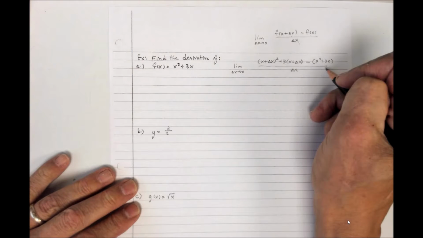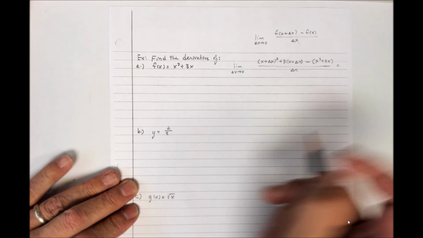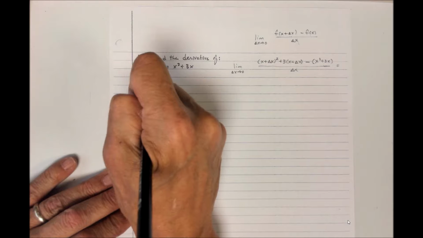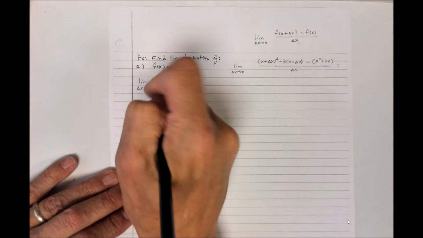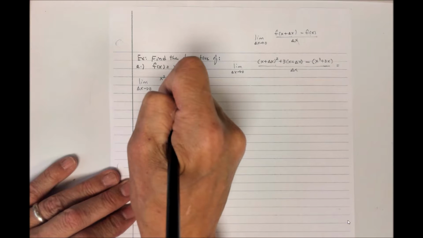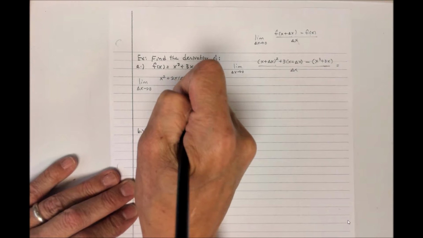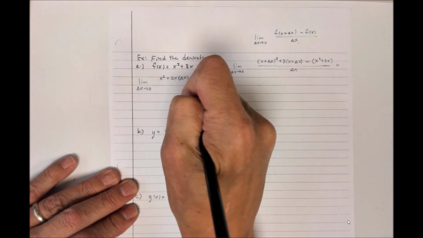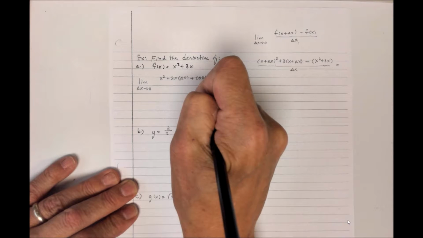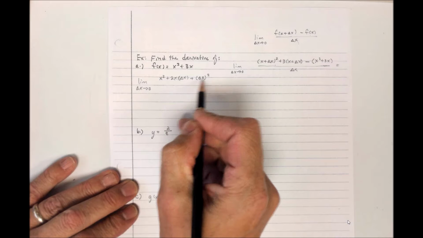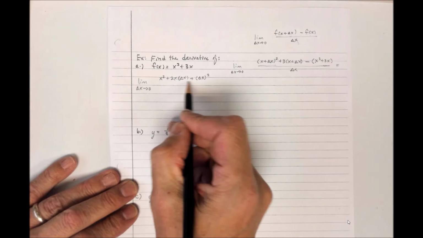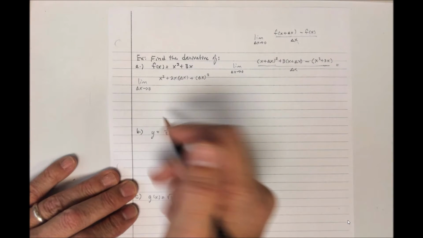So again, lots of algebra here. So this is the limit as delta x goes to 0. This would be x squared plus 2x times delta x plus delta x squared. I would suggest that if you have something times it, or if you're raising it to a power, put delta x in parentheses to avoid some confusion.